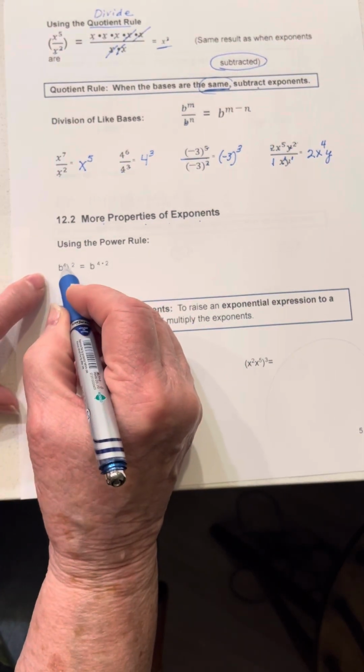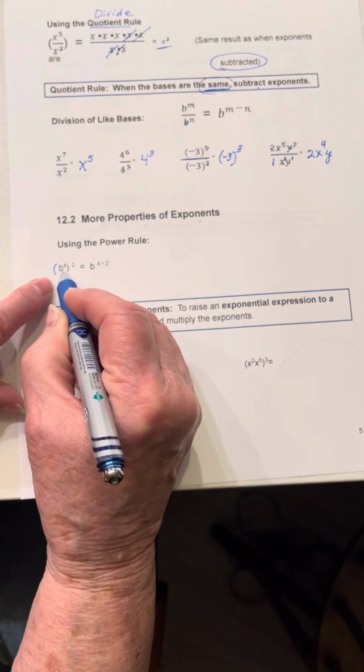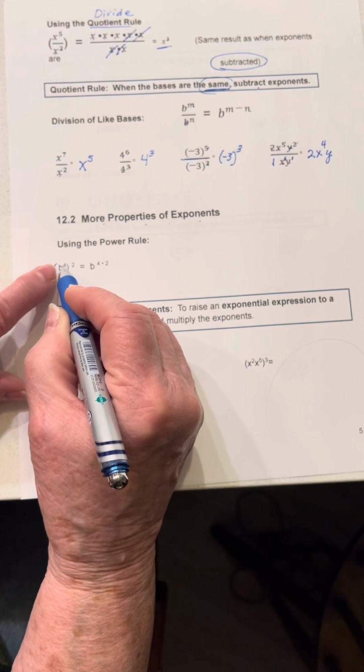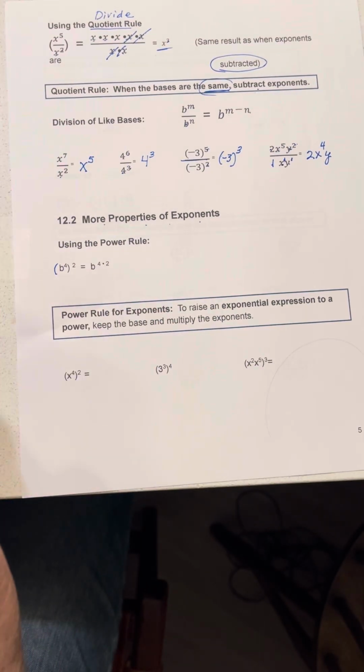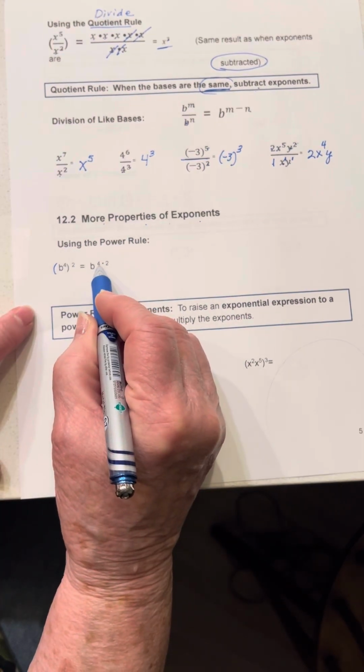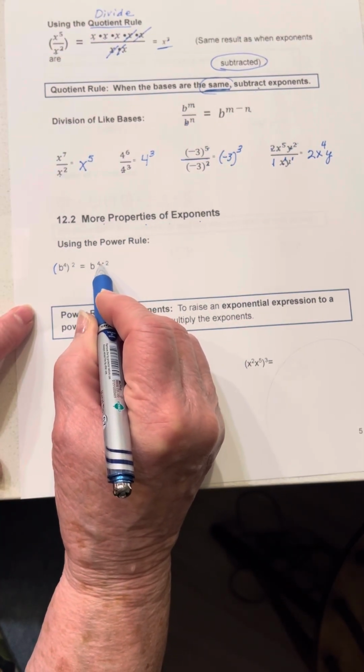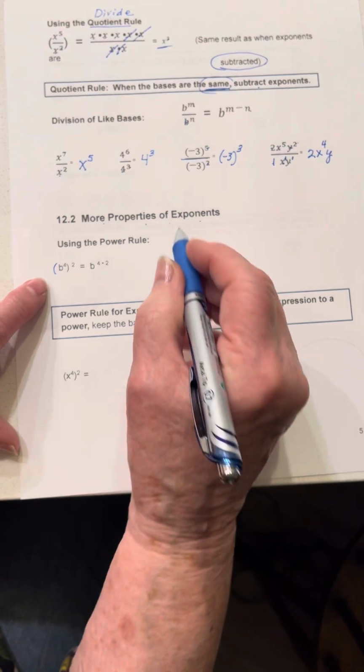That means if you have a term that has an exponent and you take that term to another power, it looks like we're just going to be multiplying the exponents.